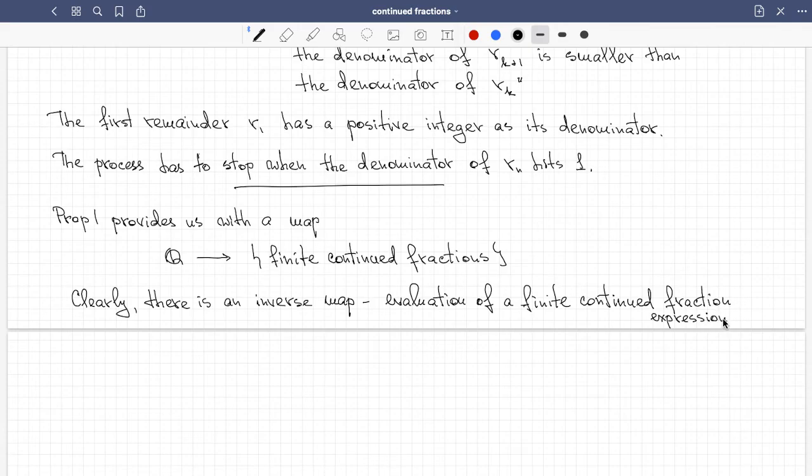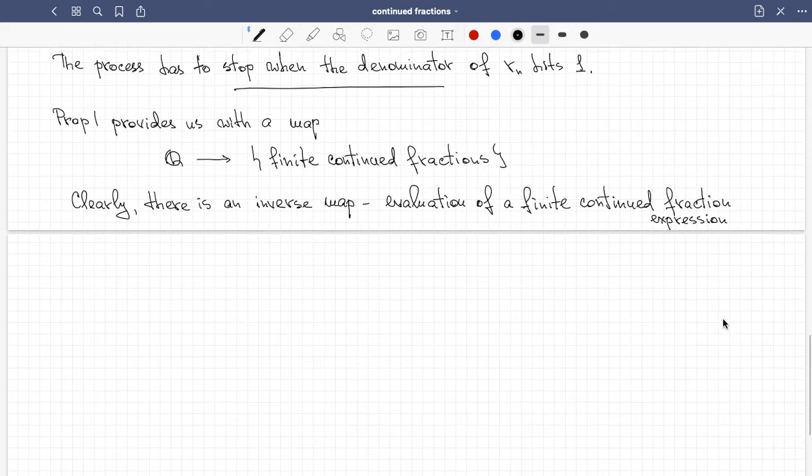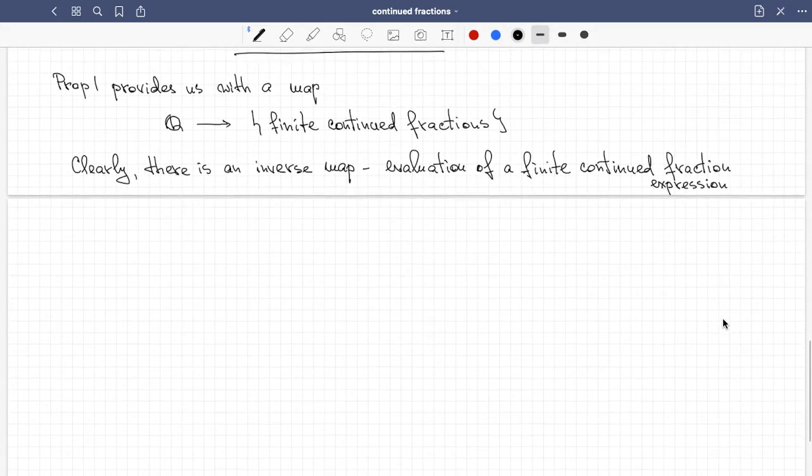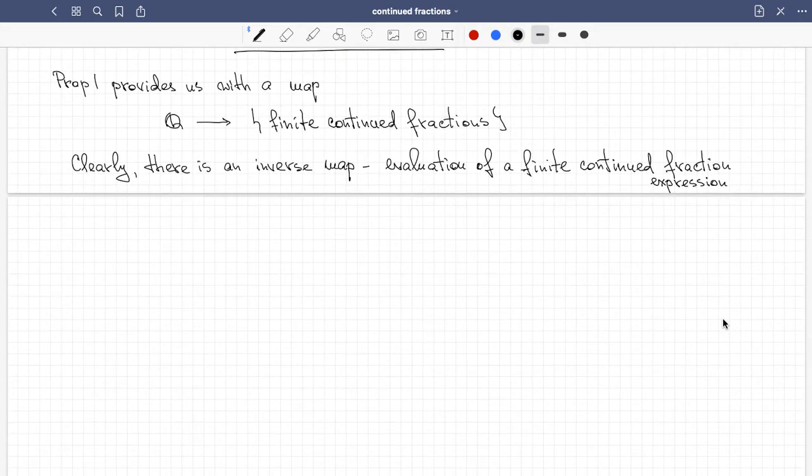It is tempting to conclude we have a one-to-one correspondence. Not exactly. There is an obstacle. This is not exactly a one-to-one correspondence.